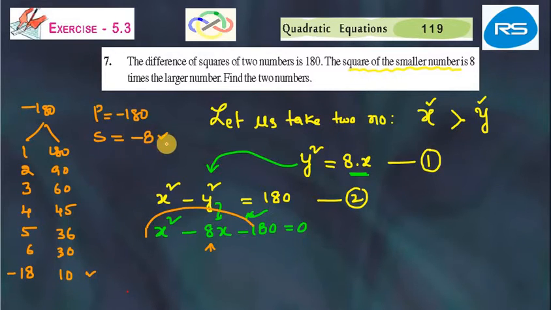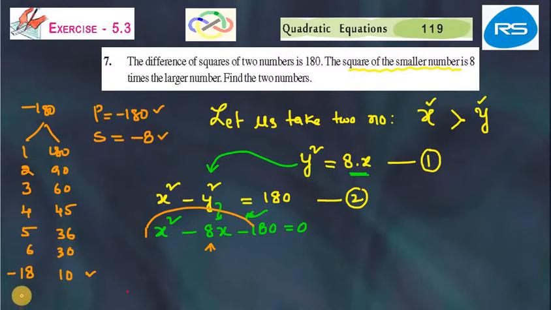Yes, the first condition is true. Multiply these two numbers: minus 18 into 10 is minus 180. So these are the perfect roots of the question.